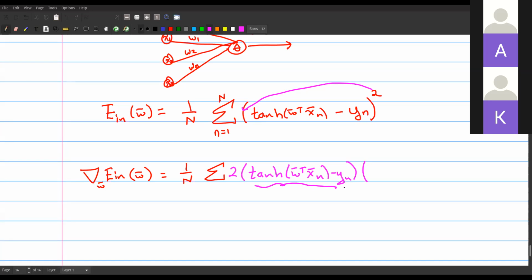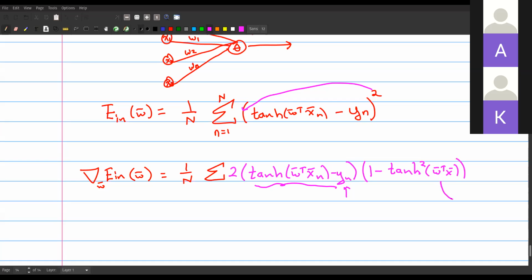The gradient of yn has nothing to do with W, so its gradient is just 0. And for the other term, you have 1 minus hyperbolic tangent squared of W transpose x. That's the derivative that we just derived.